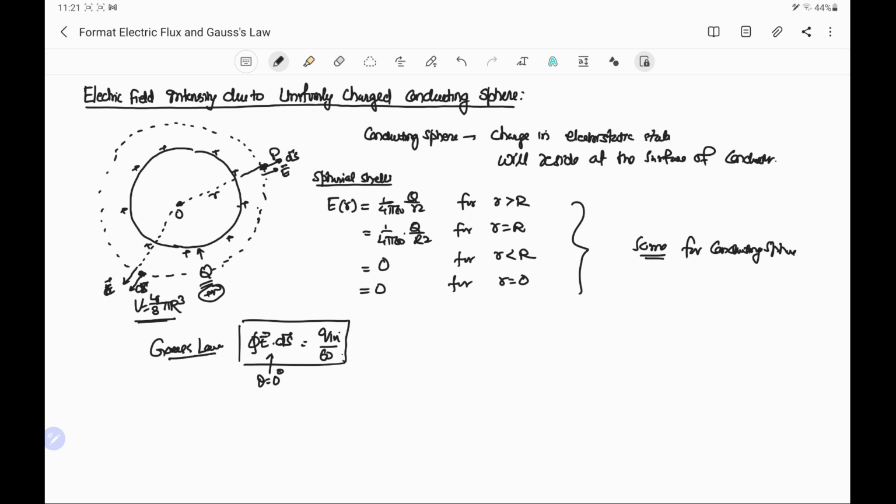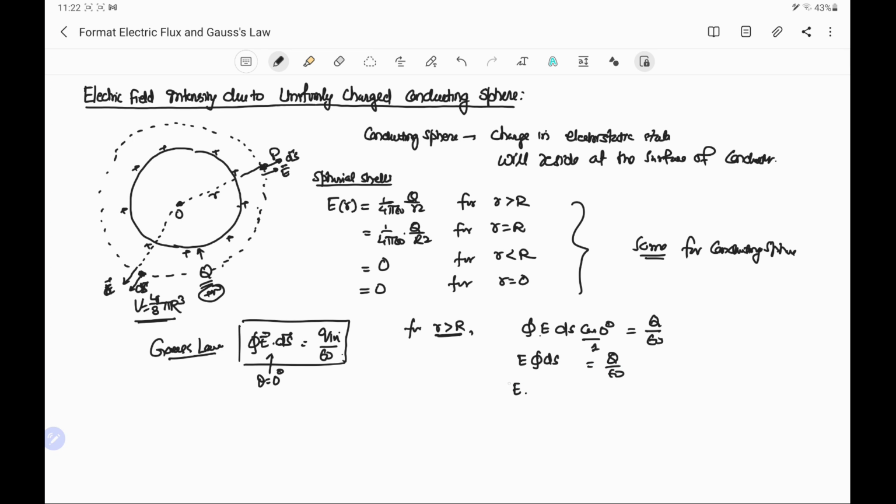Therefore, for r greater than capital R, that is a point external to the sphere, integral E ds cos 0 equals charge enclosed, which is the whole sphere, so Q by epsilon naught. E, constant in magnitude, is taken out, integral ds, and cos 0 is 1. It is equal to Q by epsilon naught.